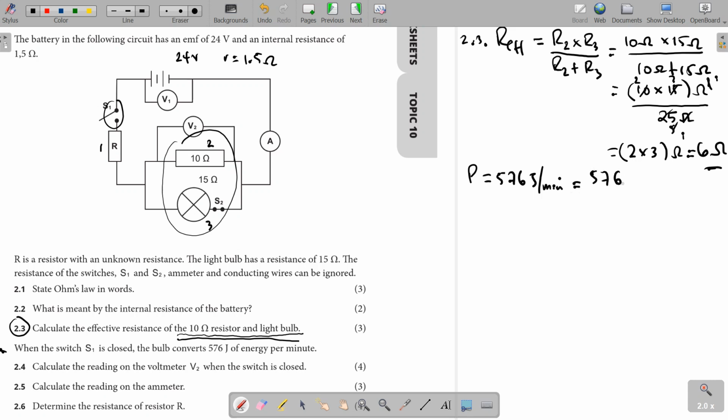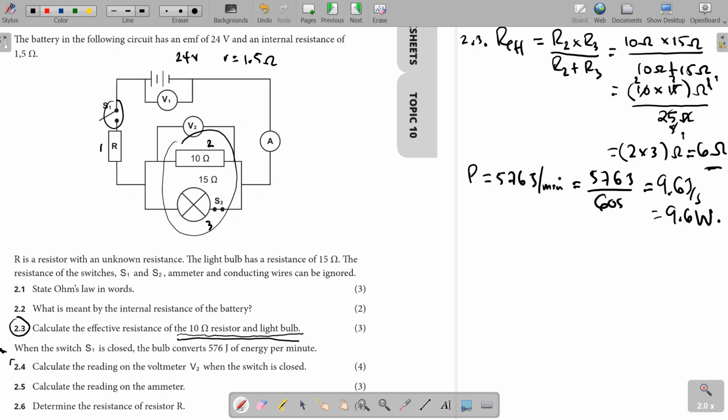That will be 576 joules divided by 60 seconds, giving us 9.6. Okay, so it's 9.6 joules per second, or 9.6 watts. Okay, so that's the power.